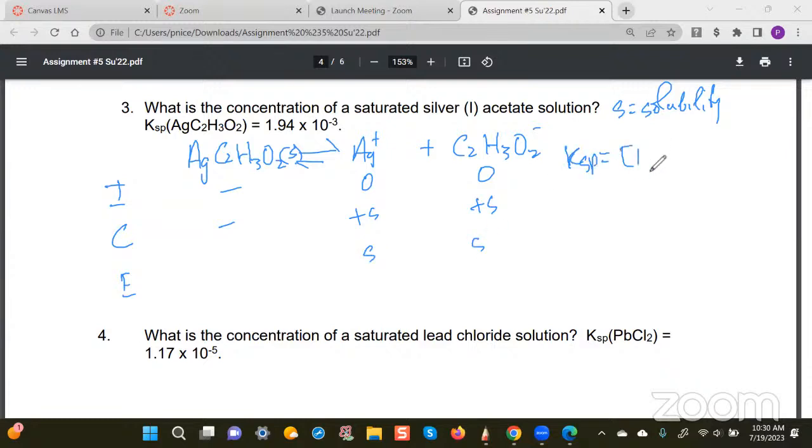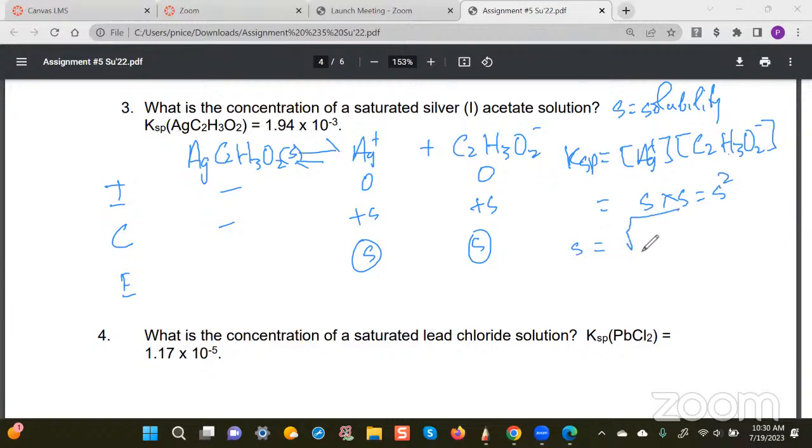KSP is equal to the concentration of Ag plus times the concentration of C2H3O2 minus. That's the equation for KSP. All we have to do is plug in these concentration expressions. So you're going to have S times S equals S squared, which means that S is equal to the square root of KSP, which is the square root of 1.94 times 10 to the minus 3.